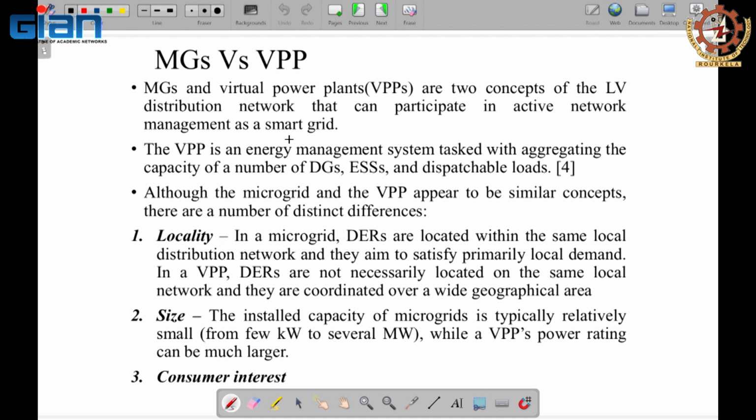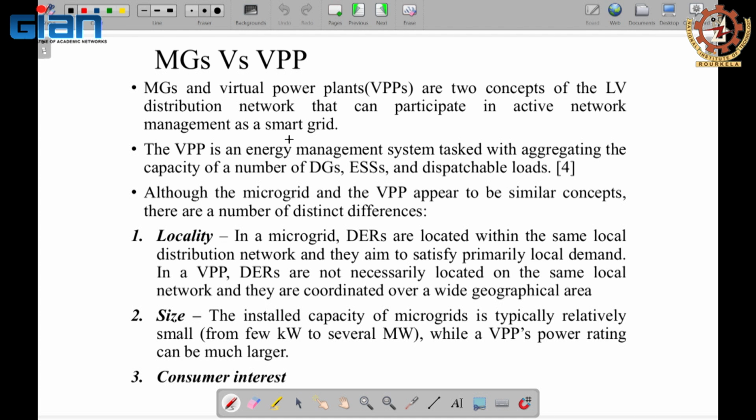Here DG stands for distributed generation. Sometimes we also use the term DG for diesel generator, so you have to be careful. You have to define these abbreviated terms how you are using them. Then of course ESS stands for energy storage systems.